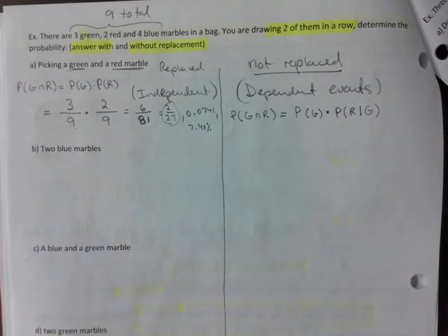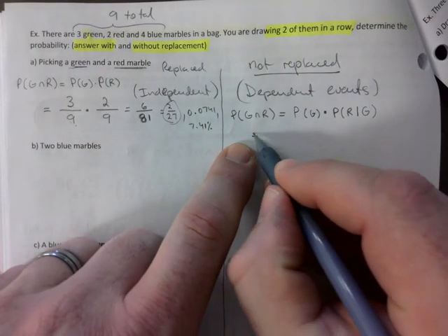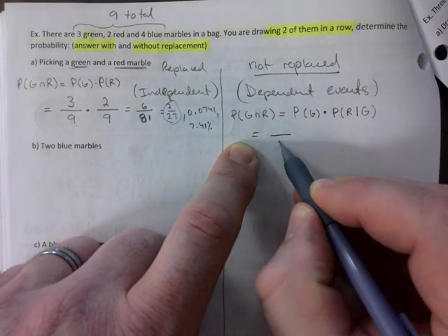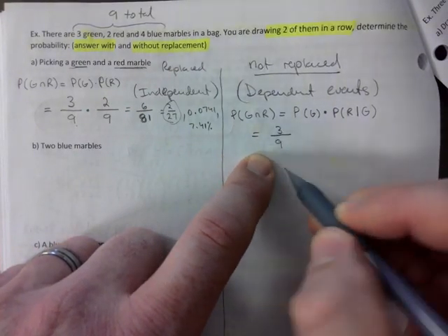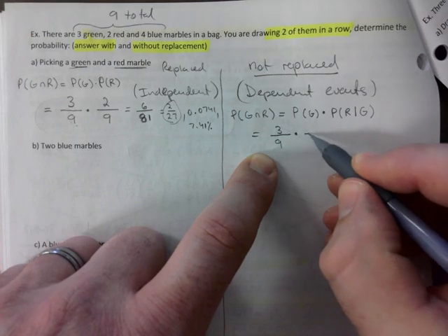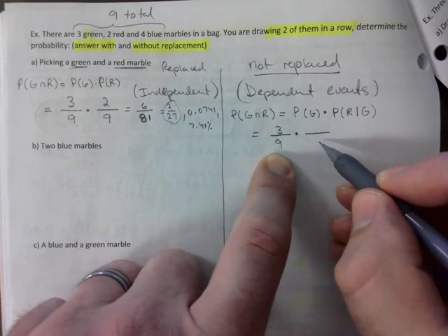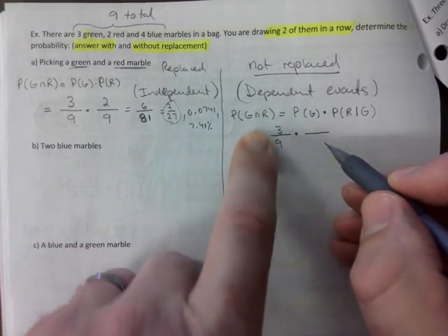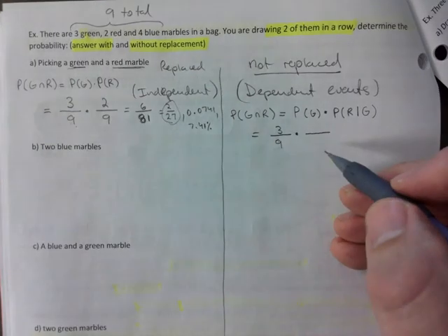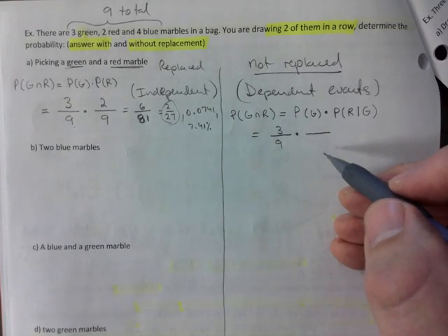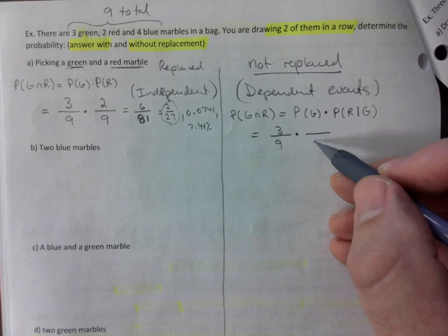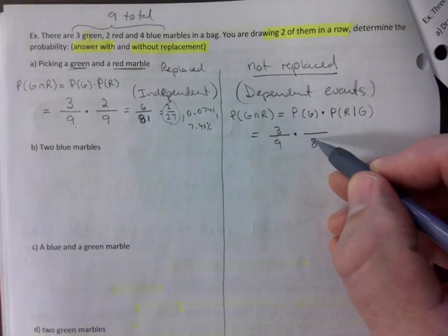That's if I give you this, like, hey, what does this mean? Oh, this means that the events are going to be dependent, that the first one affects my second one. So let's go for it. PG, we have 3 out of 9, correct? For the second one, how many are left if I don't replace what happens first? Because a card is drawn. It's 3 out of 9 chances of you getting the green one. Now it's going to be down to 8, right?